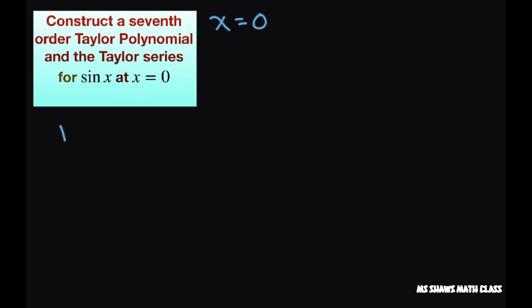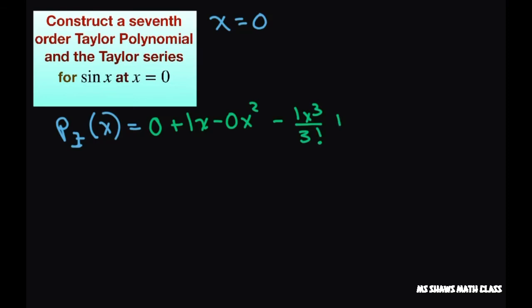So namely we have the polynomial of seventh order equals, now substituting in my coefficients, I have 0 plus 1 times x minus 0 x squared minus 1 x cubed, and this will be divided by 3 factorial, plus 0 x to the fourth, that's divided by 4 factorial, but we don't need that, plus 1 divided by 5 factorial times x to the fifth, minus 0 x to the sixth, minus 1 divided by 7 factorial x to the seventh.